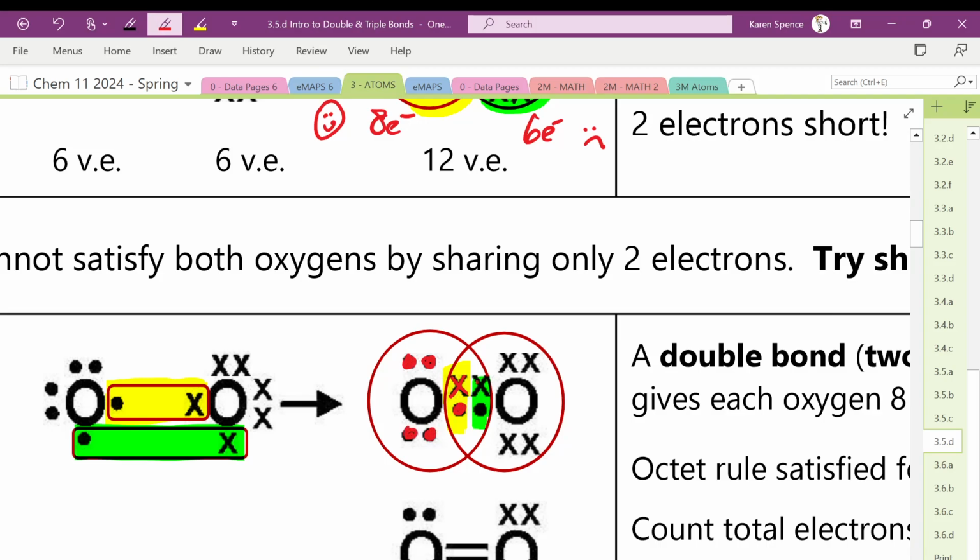But in the middle, we don't have just 2. We have 7, 8. We have 4 in between the 2 atoms. So that gives us 8 electrons. And on the right-hand side, we have 1, 2, 3, 4, 5, 6, 7, 8 electrons. Is everybody happy now? Yes.